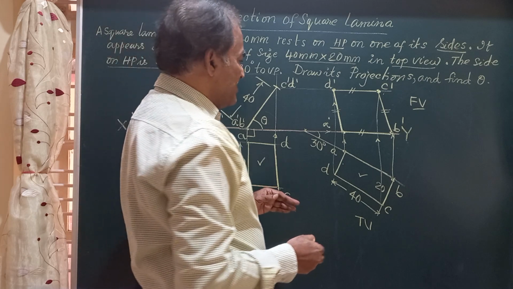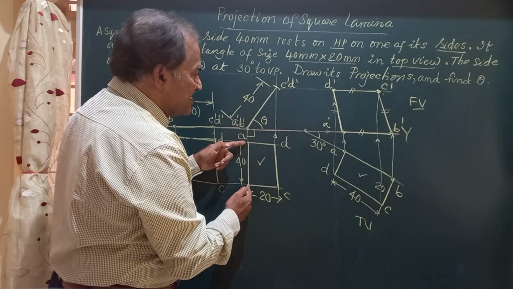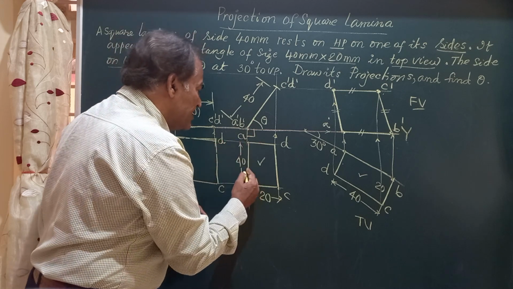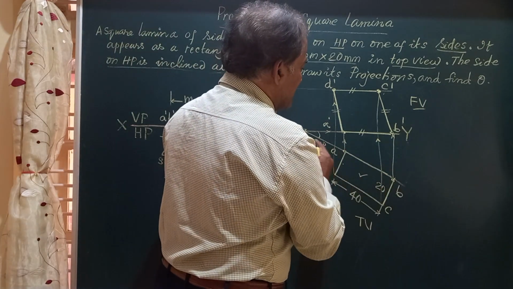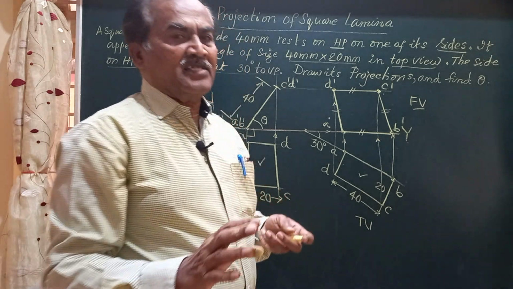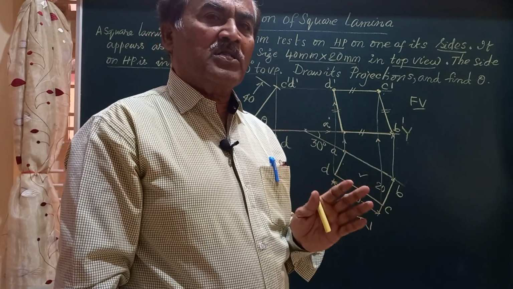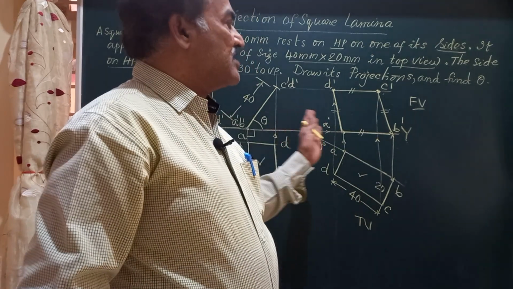And then friends, the side on which the lamina is resting, AB, is the side on which the lamina is resting. Here AB is perpendicular to VP, but in this case it is at an angle of 30 degrees to VP, and hence the solution we have got satisfies all the requirements given in the question.